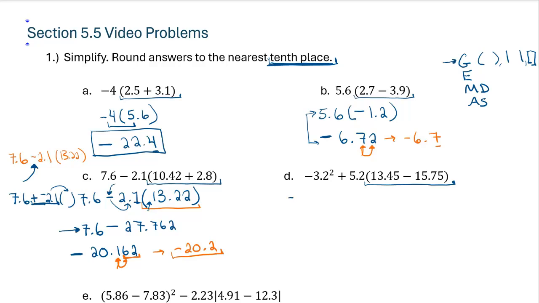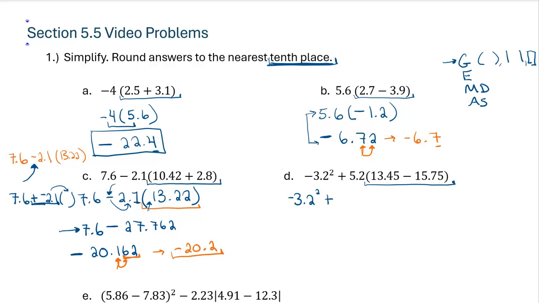I don't make any other changes. Each line of my work is dealing with one step of order of operations. So if I had more than one grouping symbol, I would be combining or simplifying all of those grouping symbols. Then I would move to the next step. If I had multiple exponents, I would simplify all of those and so forth.